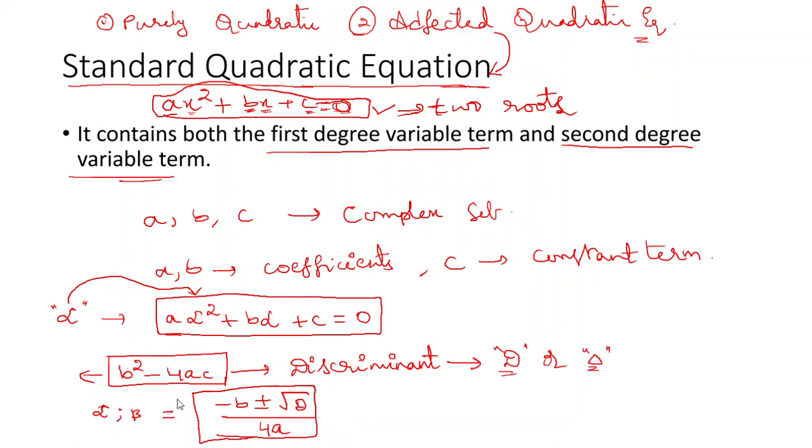The roots of the quadratic equation, alpha and beta, are given by minus b plus or minus root of b square minus 4ac, all divided by 2a. Sorry, this is 2a, not 4a. So these are the roots of the quadratic equation.